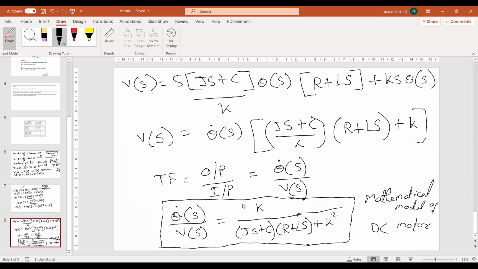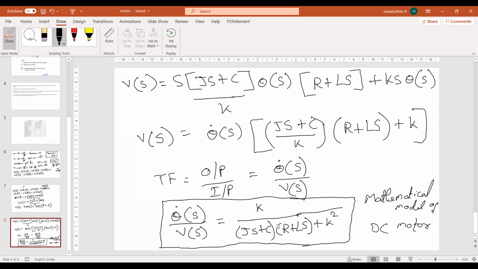Okay, so what is the order of this transfer function? Second order system. We have not connected anything, we have not applied any load to the motor, we have modeled only the motor. So if you model only the motor, then the motor becomes the system.